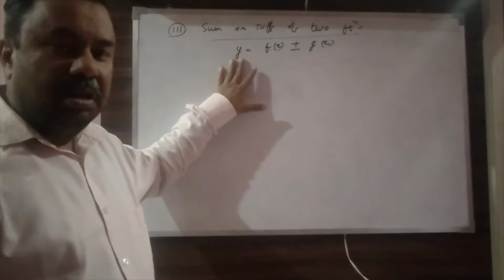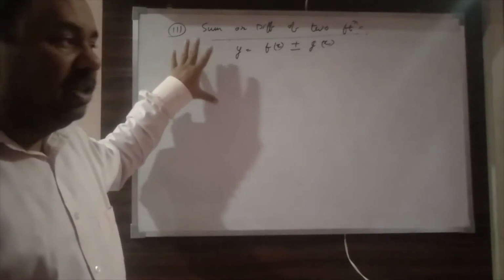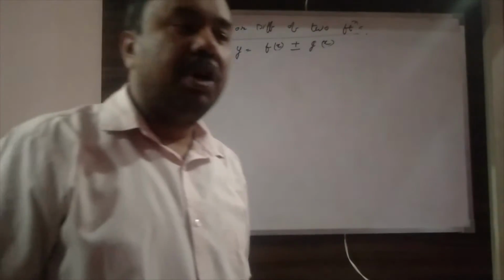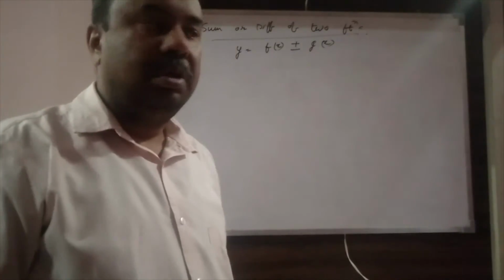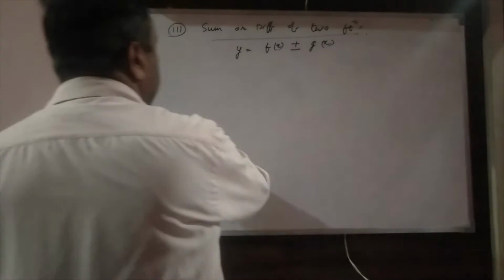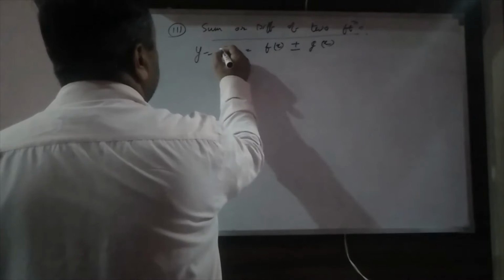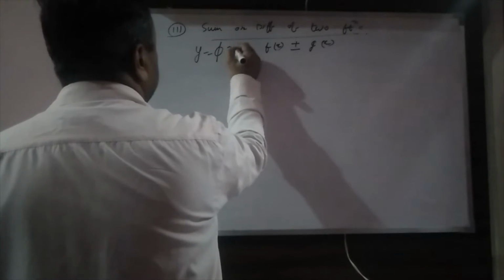This is y. If I go by the first principle, how will I find the value of dy by dx? Let's denote it by another function, phi x.